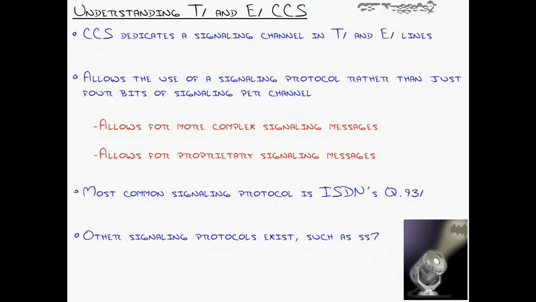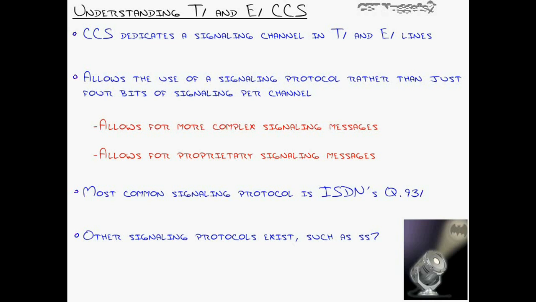So now let's talk about the other method of bundling our channels together on a T1 or E1 connection, and that is CCS. In a way, CCS is so much simpler than CAS because we don't need to know all these facts and figures of the least significant or 8th bit of every 6th frame goes to signaling, and that's the A bit and the B bit, and extended frame is, blah.